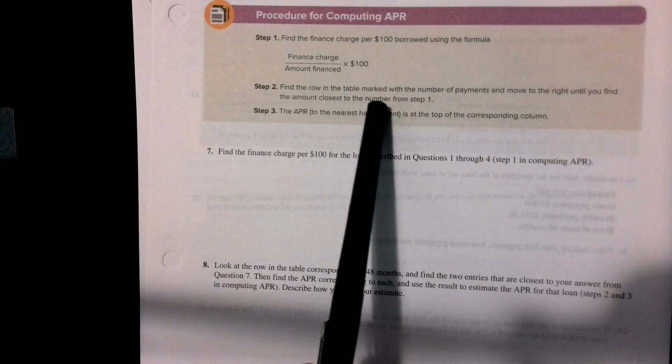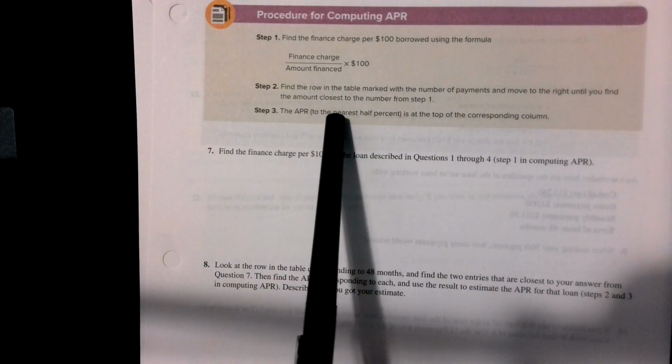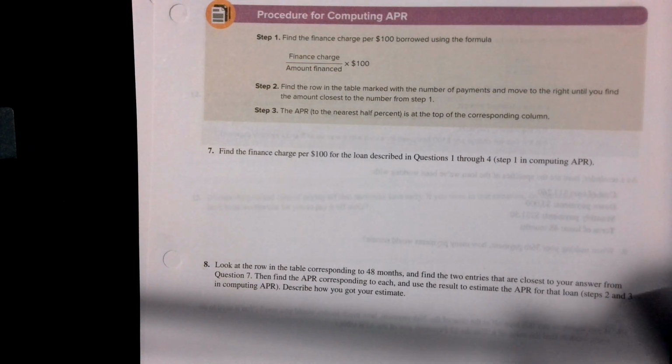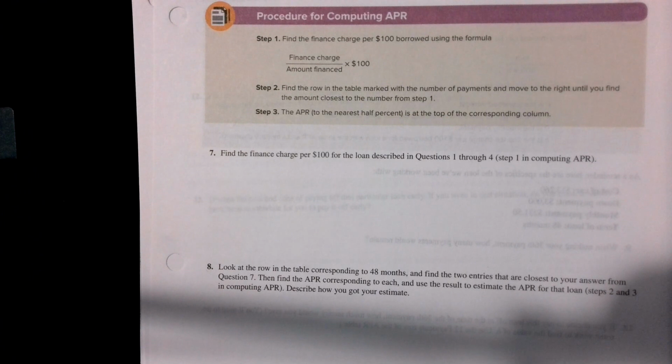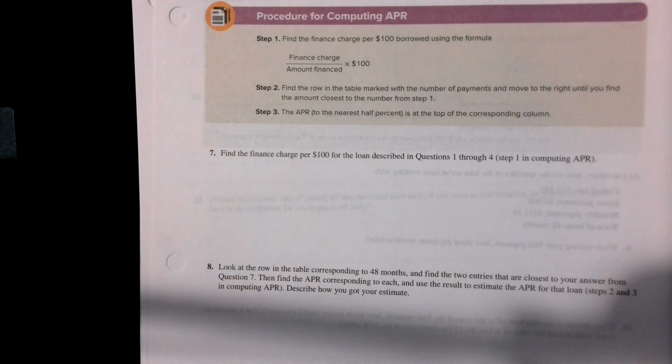Find the row in the table marked with the number of payments and move to the right until you find the amount closest to the number from step 1. The APR to the nearest 0.5% is at the top of the corresponding column. Number 7, find the finance charge per $100 for the loan described in questions 1 through 4.